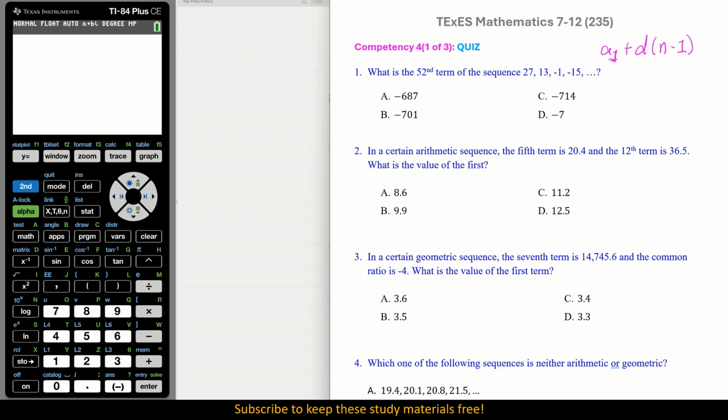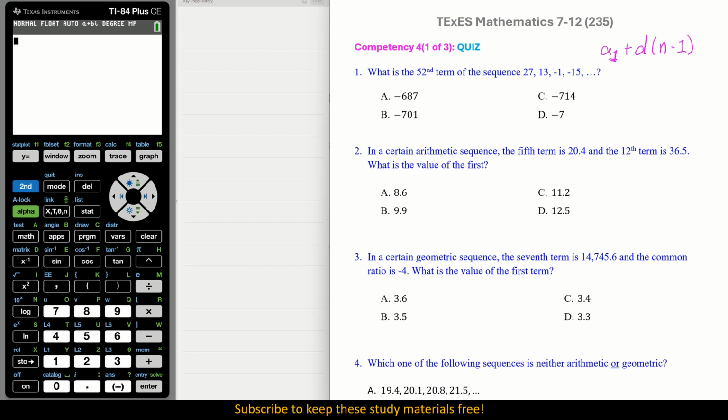Now, if you had several questions related to this question, you could go into sequence mode like I showed in, I believe, the very first video of Competency 4. You could enter it in the sequence, look at all the information in the table, and graph it. That's great.